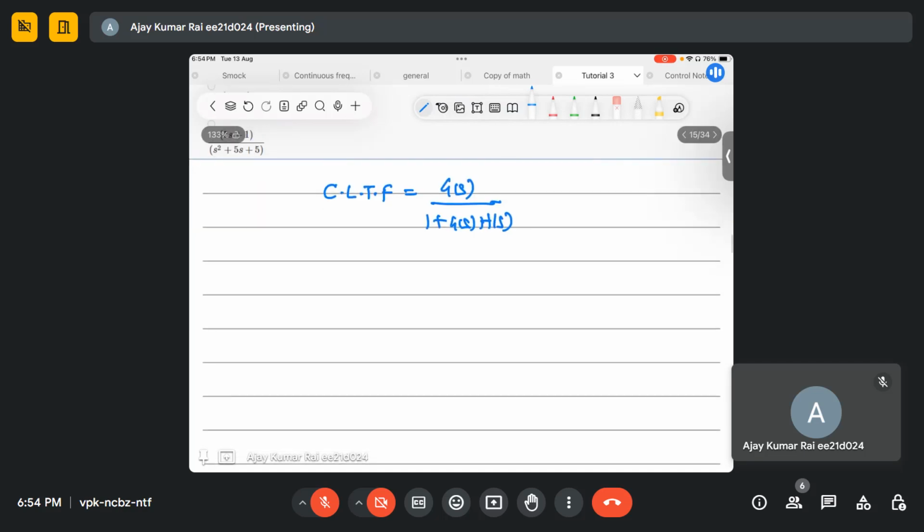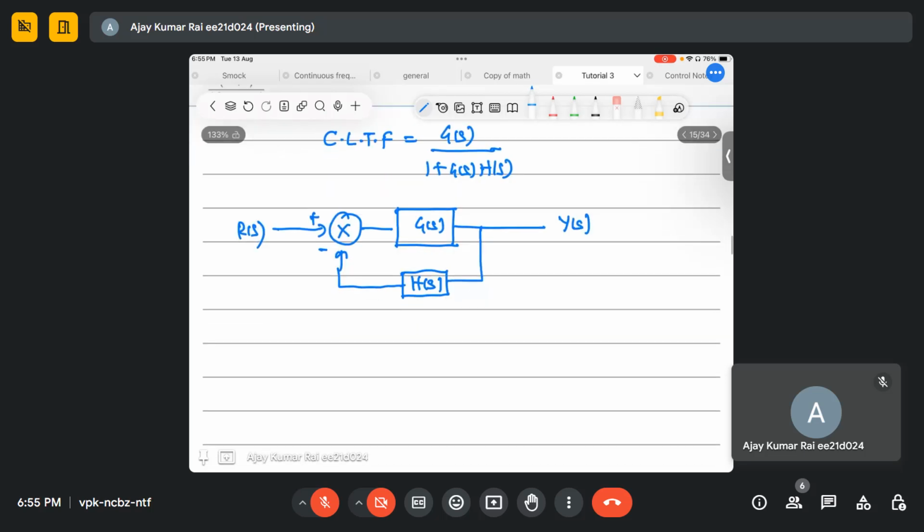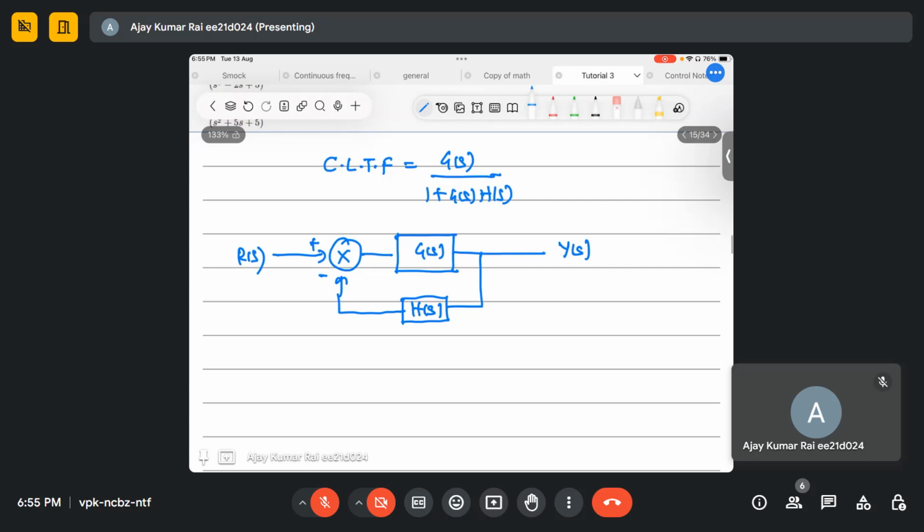Okay, so let me just draw this. And this is H(s) in the feedback path, and this is the forward path, right?